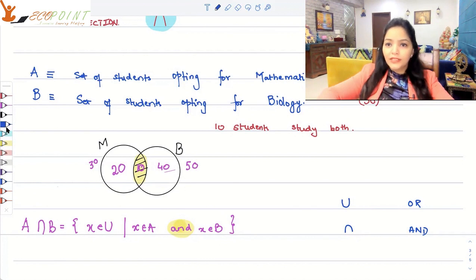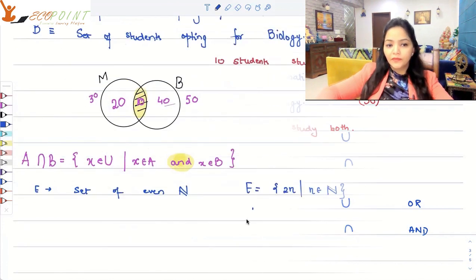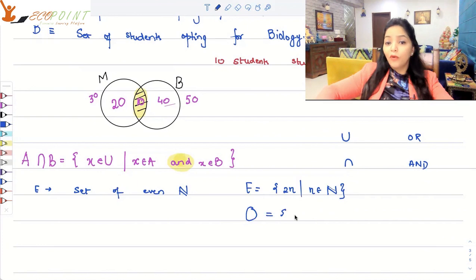Now, if you take the example of natural numbers, remember I had taken a set of even natural numbers and I had taken O as the set of odd natural numbers, so 2n minus 1, where n is a natural number. If I now look at the intersection of these two, odd and even natural numbers, do you think you have anything in common?